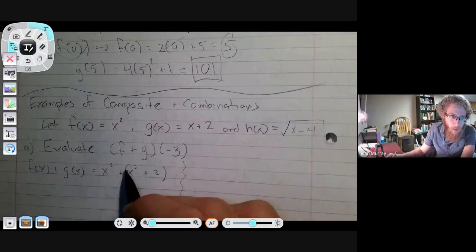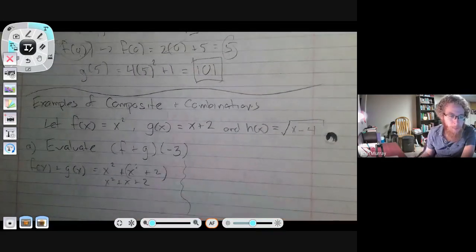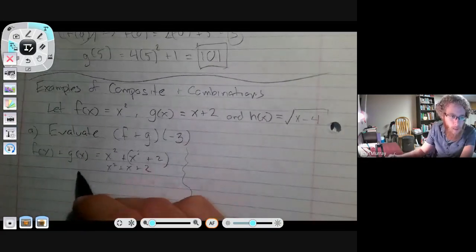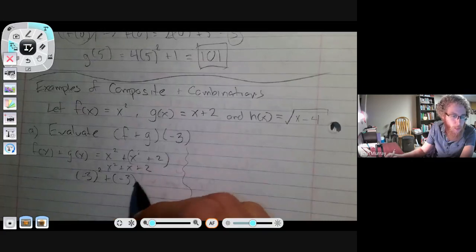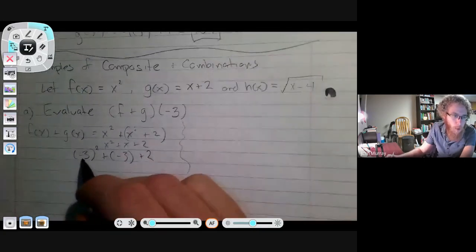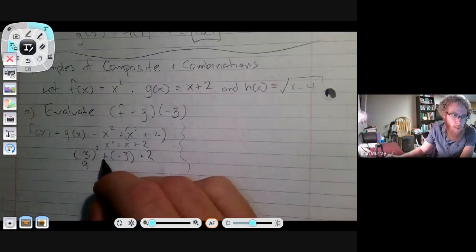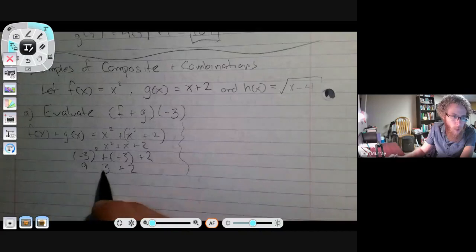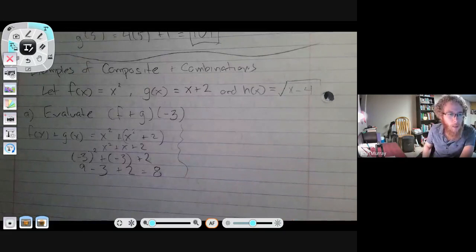There's nothing fancy going on here, so you can drop the parentheses, x squared plus x plus 2. And then you can plug in -3. -3 squared plus -3 plus 2. Just be careful. Remember, when you square a negative, it gets you positive. When we add a negative, that can change to minus. 9 minus 3 is 6, plus 2 is 8.